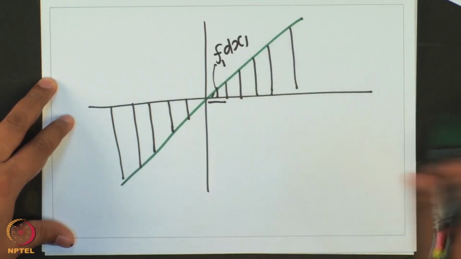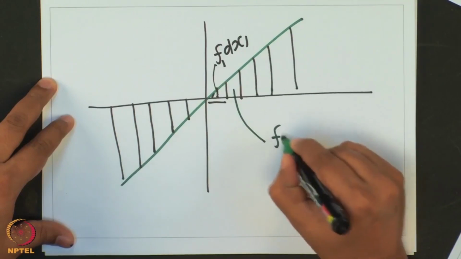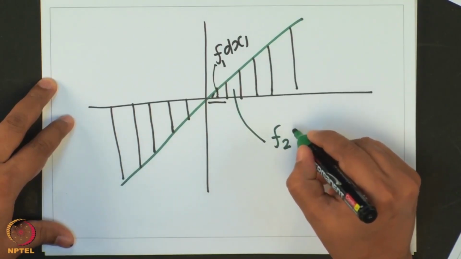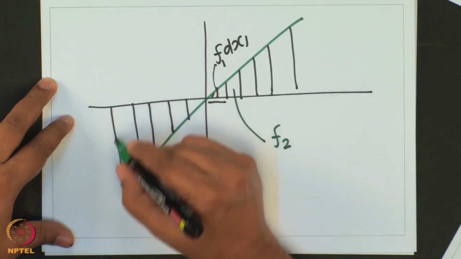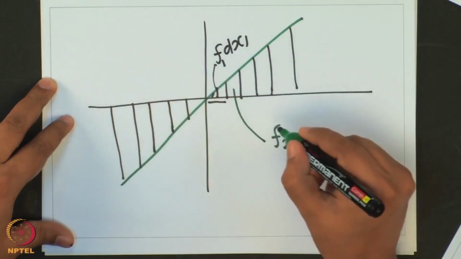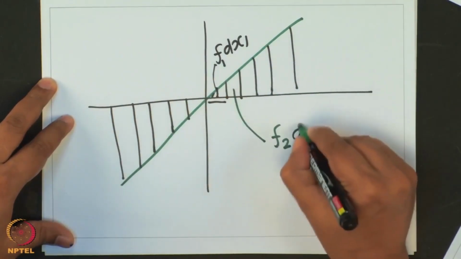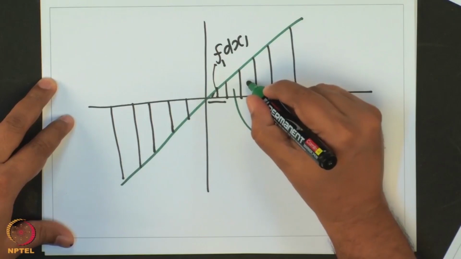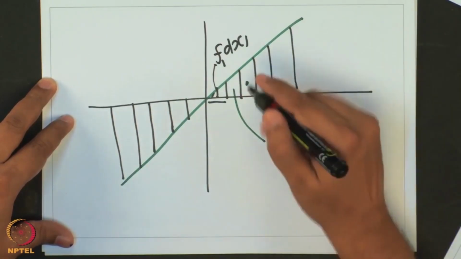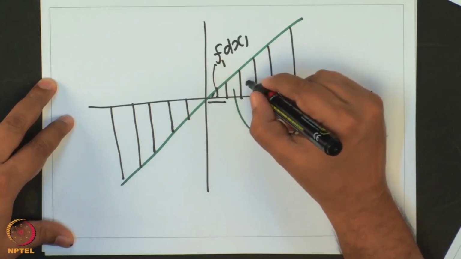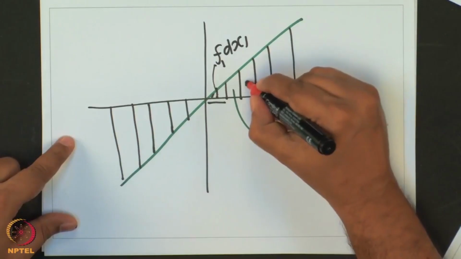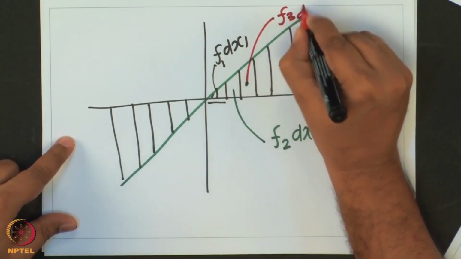This one is my f2 dx2. If I start from one end, I could call this f1 dx1, or let me call this f2 dx2, and this is my f3 dx3.